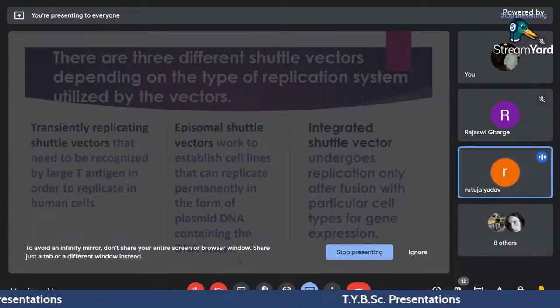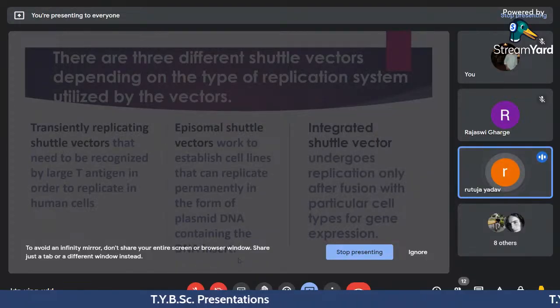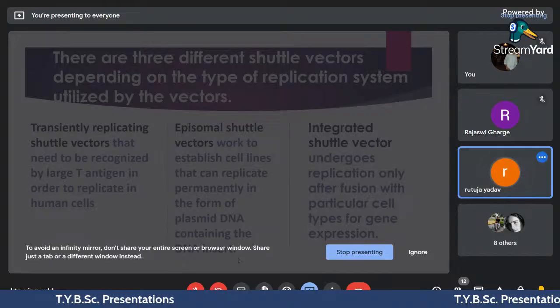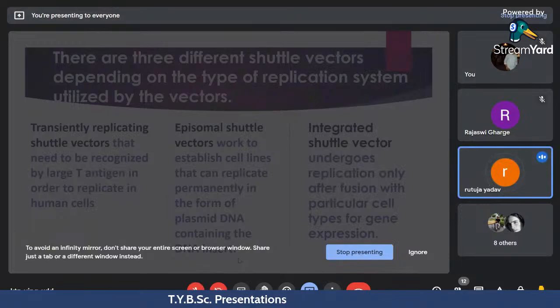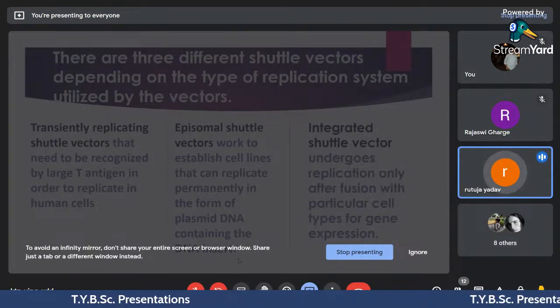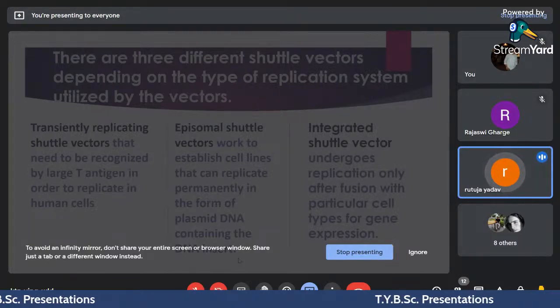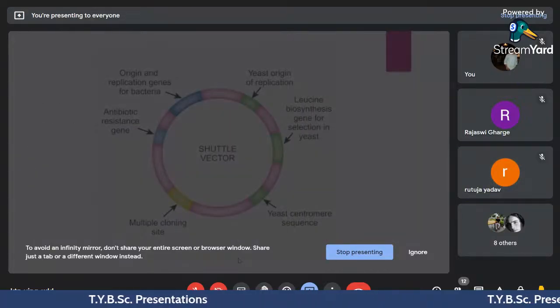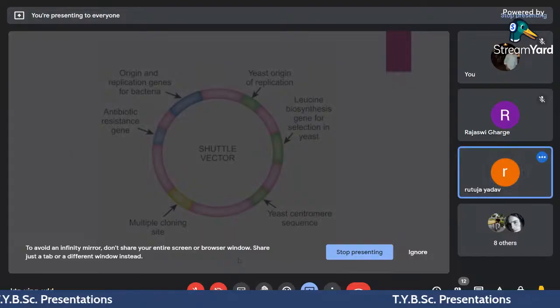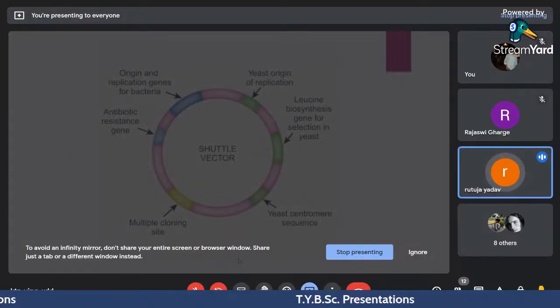Second, episomal shuttle vectors work to establish cell lines that can replicate permanently in the form of plasmid DNA containing the DNA insert. Third is the integrating shuttle vector, which undergoes replication only after fusion with particular cell types for gene expression. This is the diagram of shuttle vector.